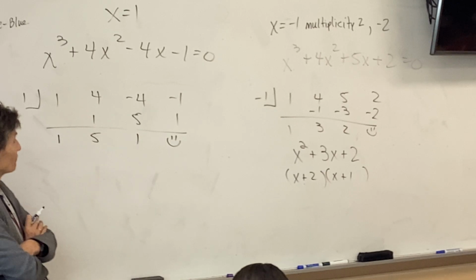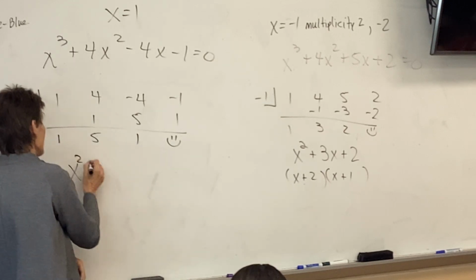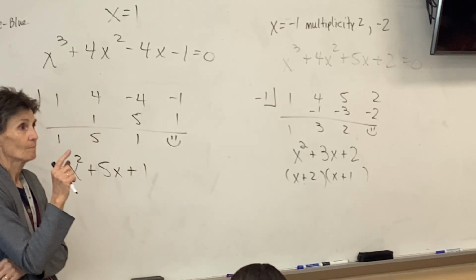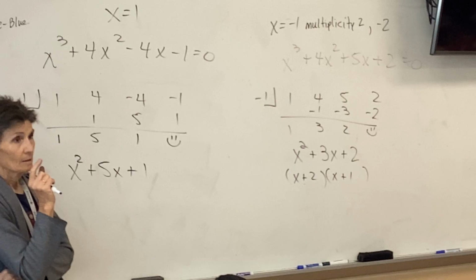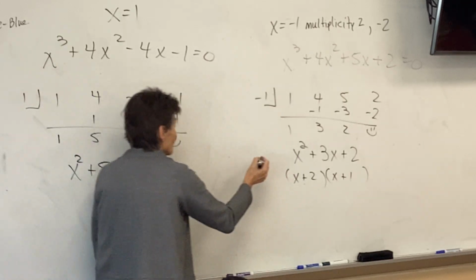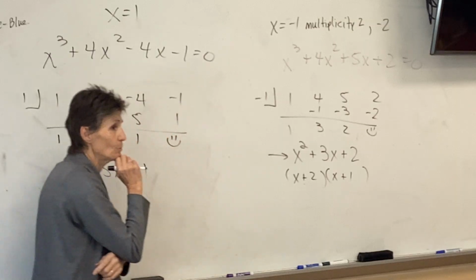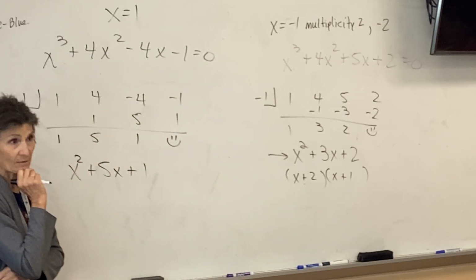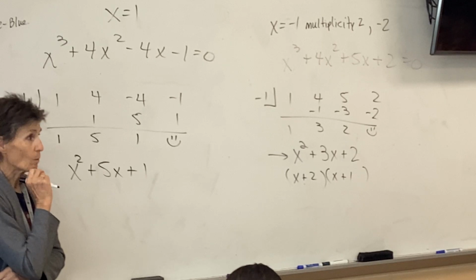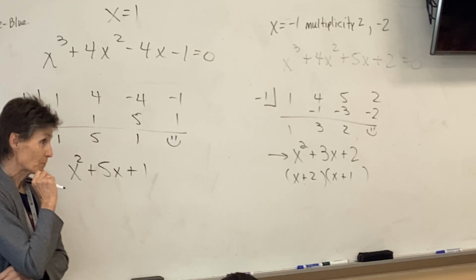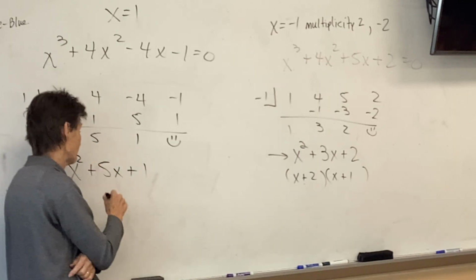All right, what's left? x squared plus 5x plus 1. Now, a minute ago, I did the exact same thing, and I was able to factor. This doesn't factor, so whether Michael likes it or not, we're going to have to use the quadratic formula to solve it.